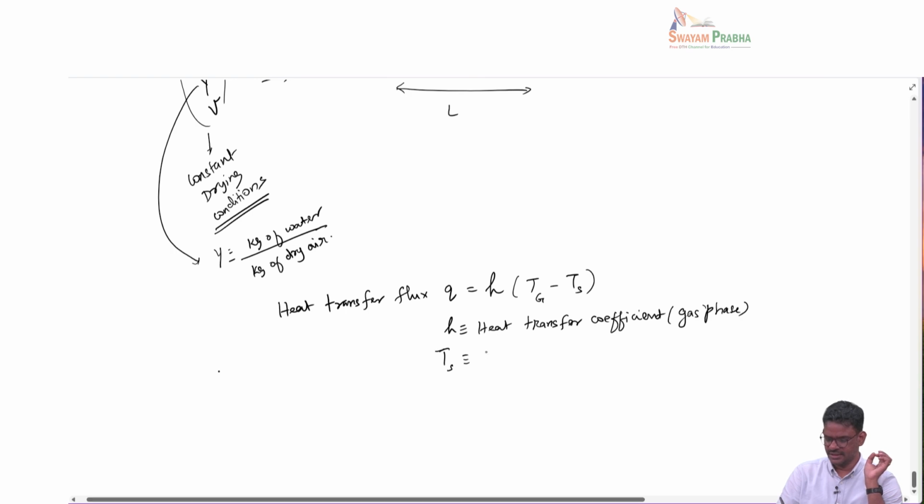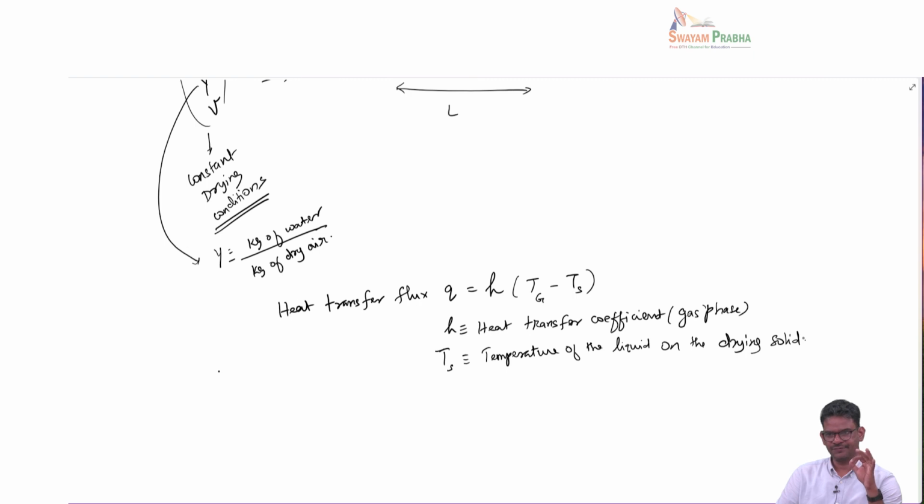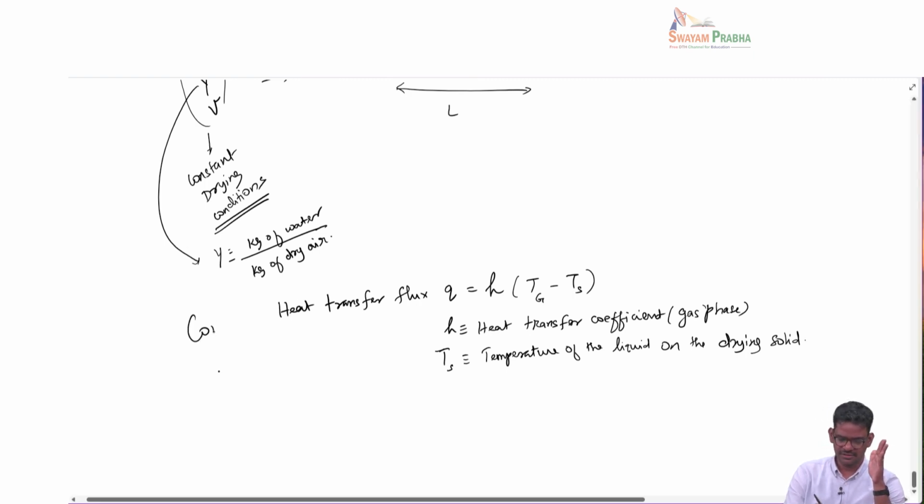Ts is the temperature of the liquid on the drying solid. So let us say that if I know the temperature on the liquid surface, that is Ts, and Tg is the temperature of the air, the temperature difference is Tg minus Ts, and then the heat transfer coefficient is h, then the convective heat transfer rate or heat transfer flux is nothing but h times Tg minus Ts.